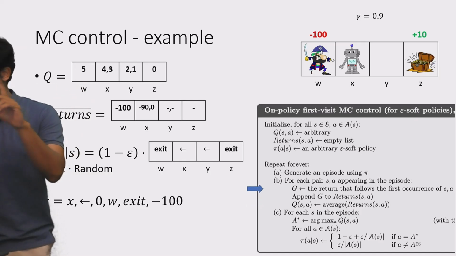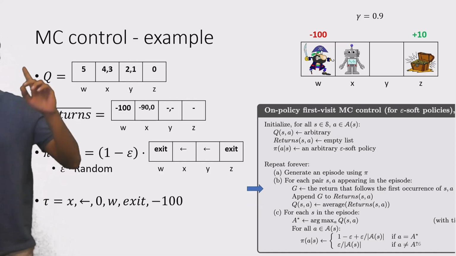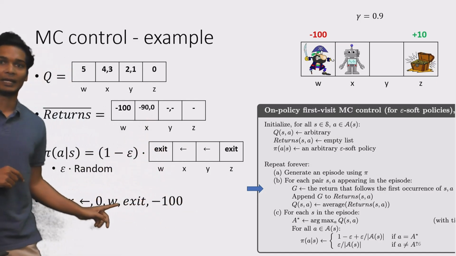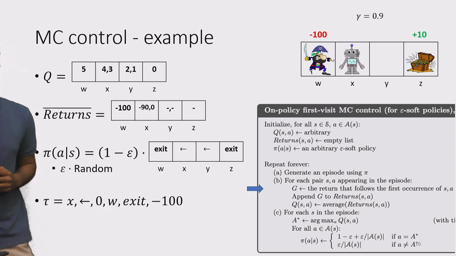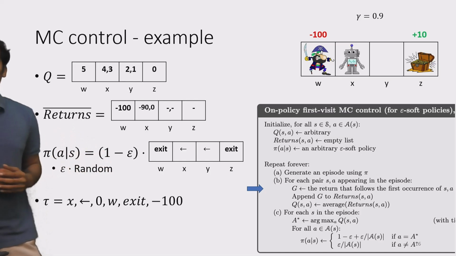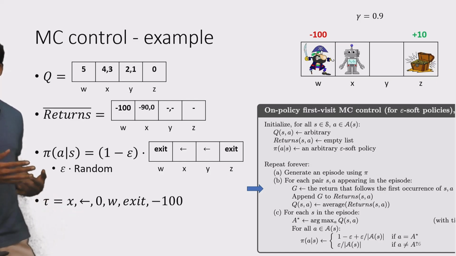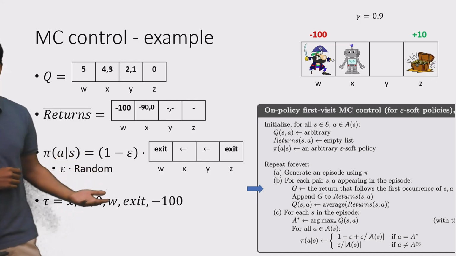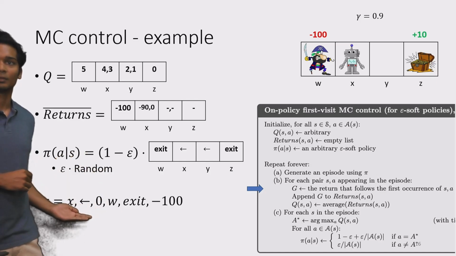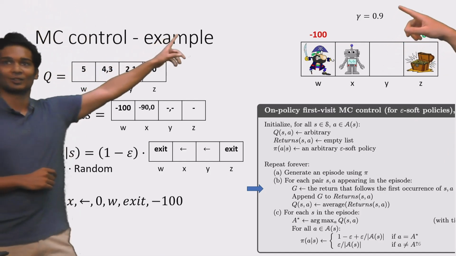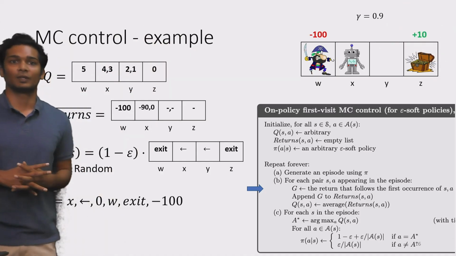So now we go through the steps. For each pair S and A appearing in this episode, which is X with west and W with exit, we see G, the return that follows the first occurrence of S and A. So for the first occurrence of state X and action west, let's calculate what return you would get after taking this action, assuming a discount factor of 0.9.